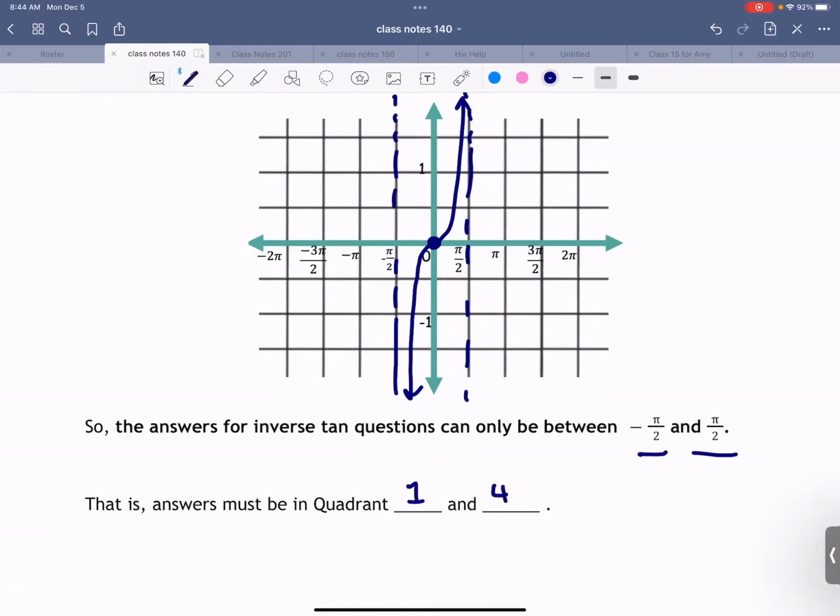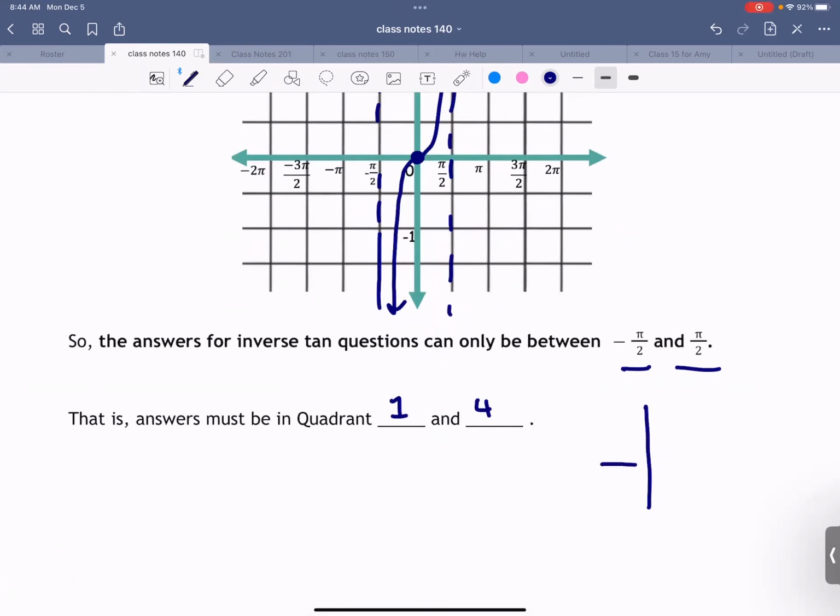The same thing as sine, right? So we said that the sine graph could only be between 1 and 4 because everything between 0 and pi over 2 is in quadrant 1. Everything between 0 and negative pi over 2 is in quadrant 4. So our answers for tangent can only be between those two quadrants.